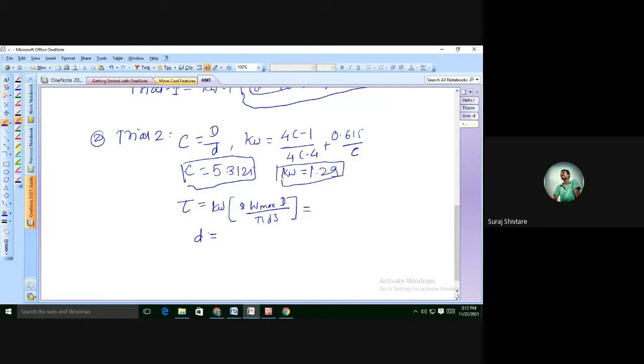24.6. 24. Any other answer? It's not nearer to this. Tau is 265. W is known to you. kW is 1.29.